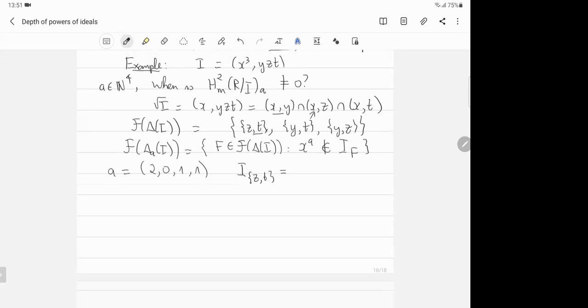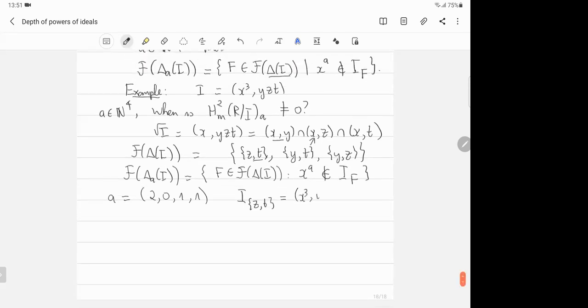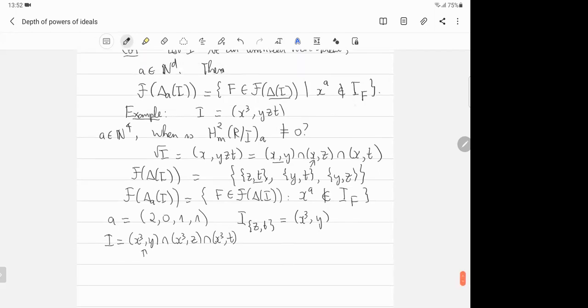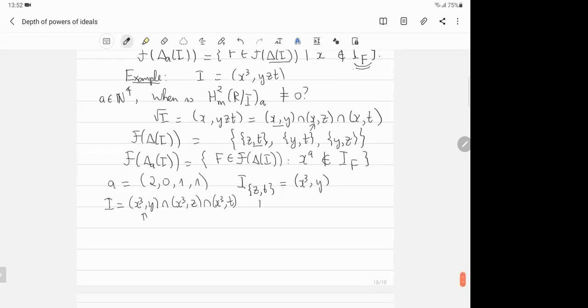The primary component of this is e to the cube Y, because you have this primary decomposition for I. This is the primary component in the original ideal, not in the radical. Similarly, I of YT is EQC, and I of YG is EQT.